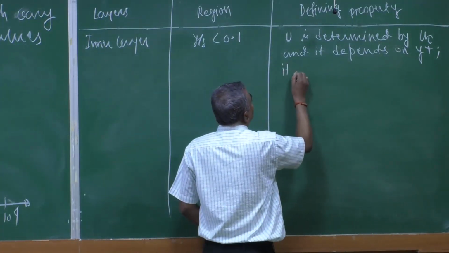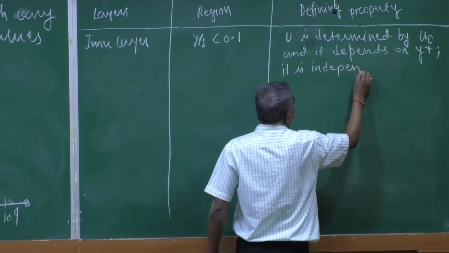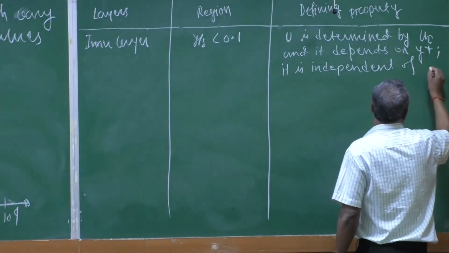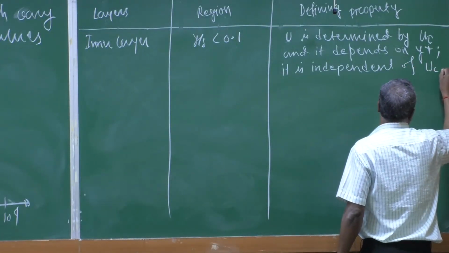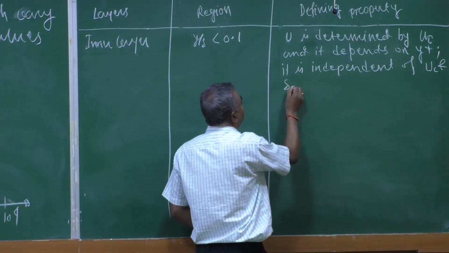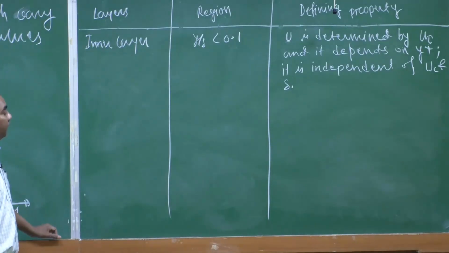It is independent of UC, the central line velocity, and the channel half width delta. So, this is what is known as the inner layer.